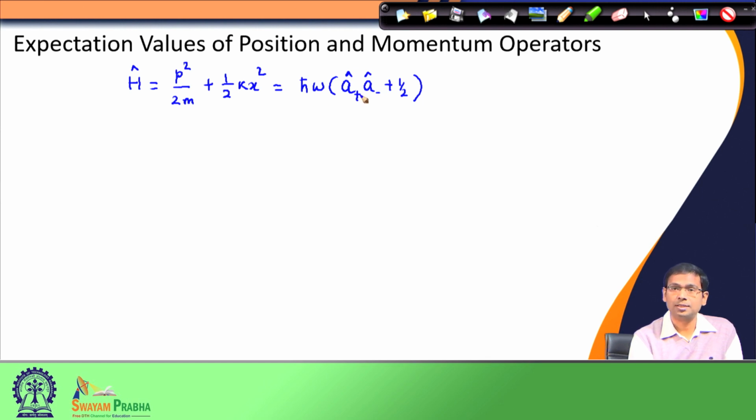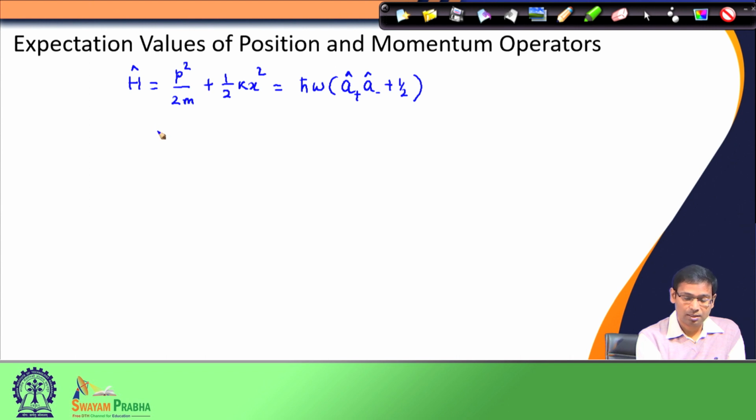A plus we called as creation operator, A minus is the annihilation operator, or step down operator is A minus, step up operator is A plus. Using these two operators, we defined the wave functions, the eigenfunctions of the harmonic oscillator.